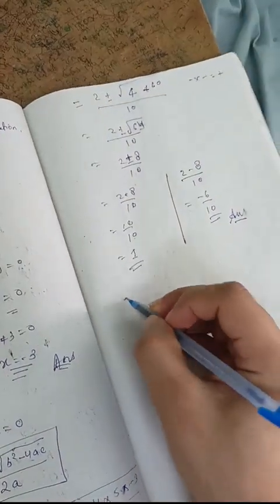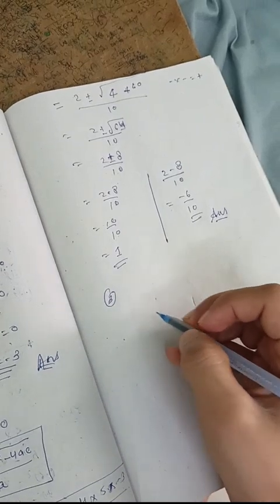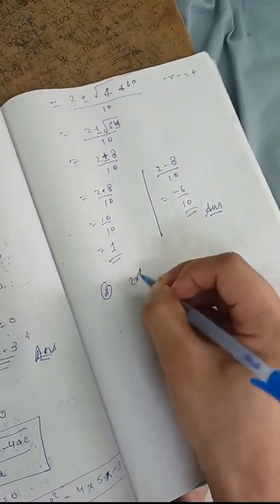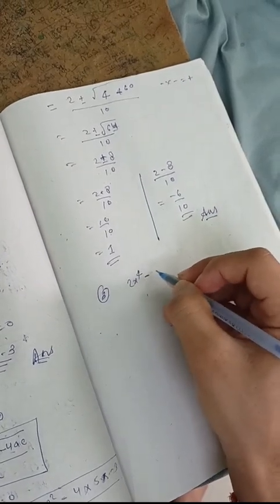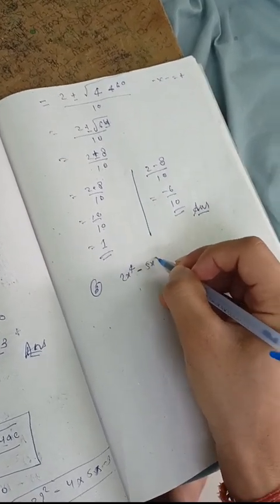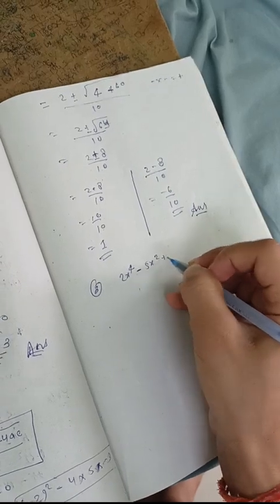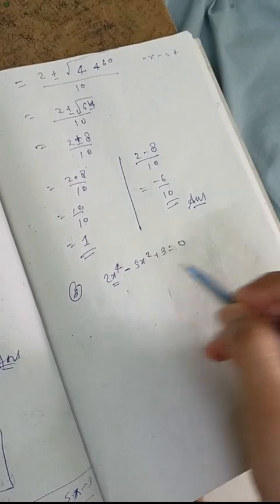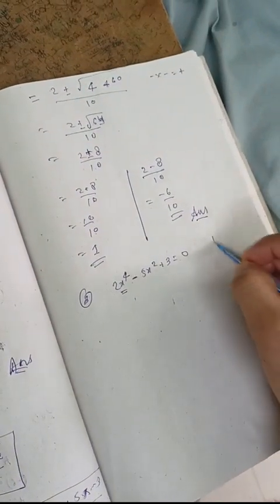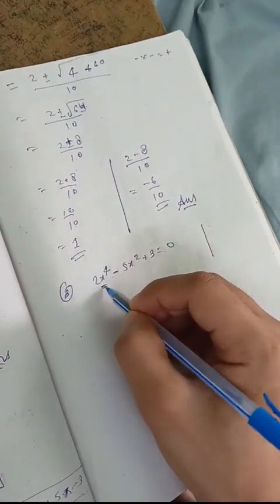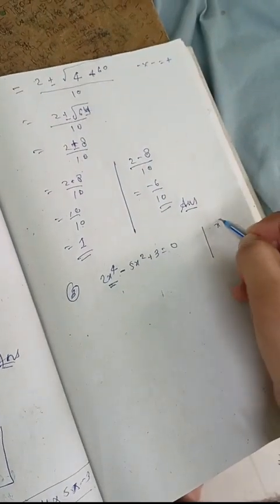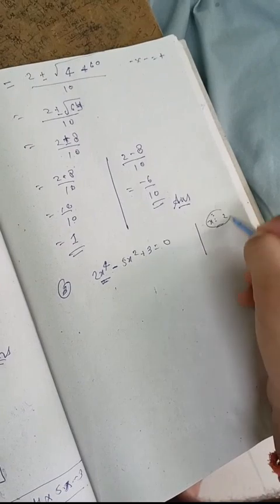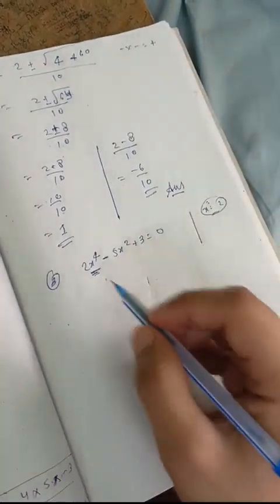Let's see the third one. Third one is what? Reducible form, meaning reduction. How can we solve it? Suppose I take one example: 2x power 4 minus 5x square plus 3 equal to 0. This is not yet a quadratic equation. As we know the rule of a quadratic equation, the maximum power of the variable is equal to 2. But here the power is 4.